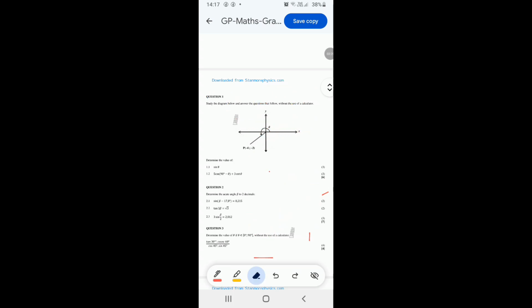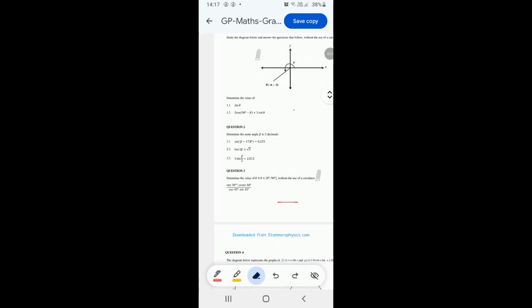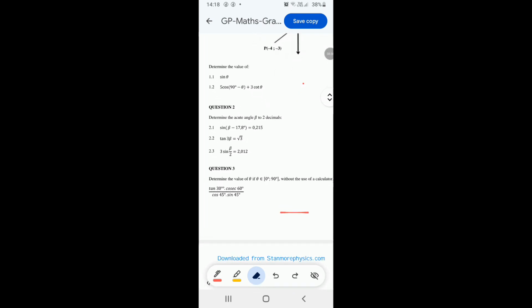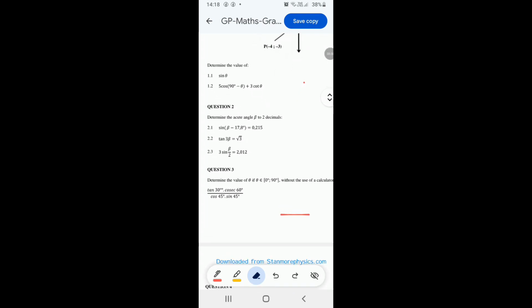Question 2 is equations. When you think of equations, think of solving for x, or a quadratic equation. You'll take maybe a sine, a cos, or a tan as your x. This is what I mean.